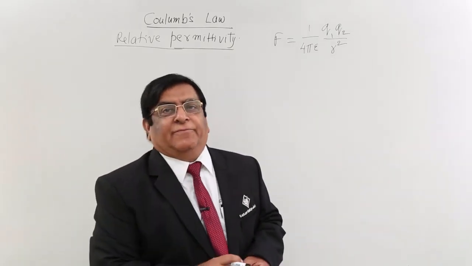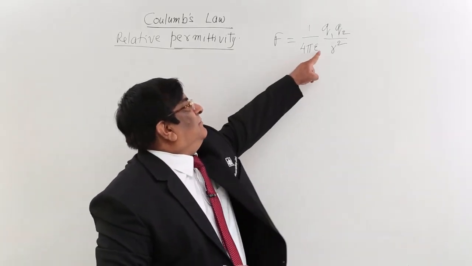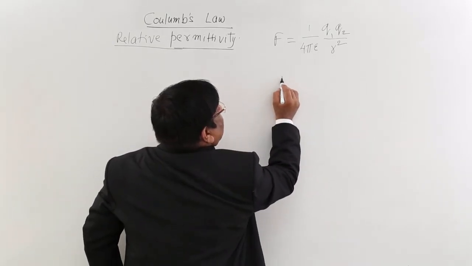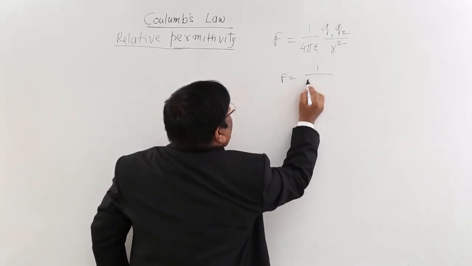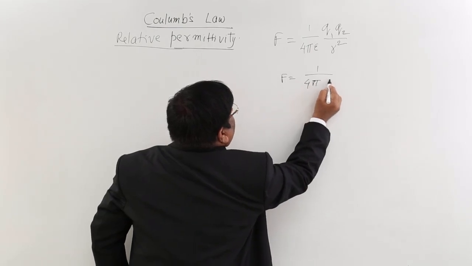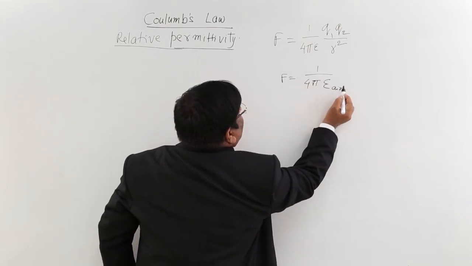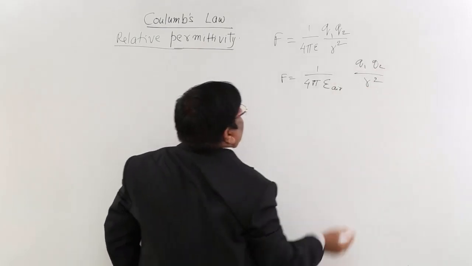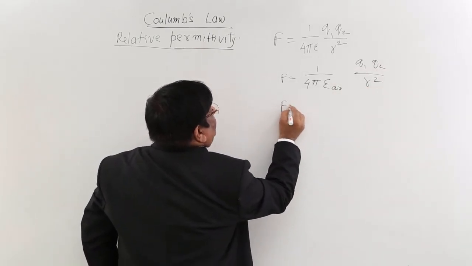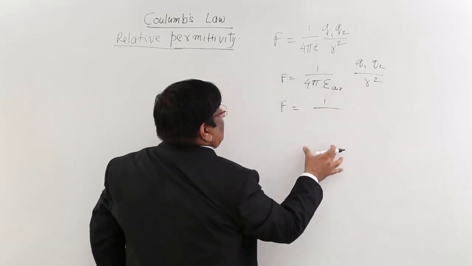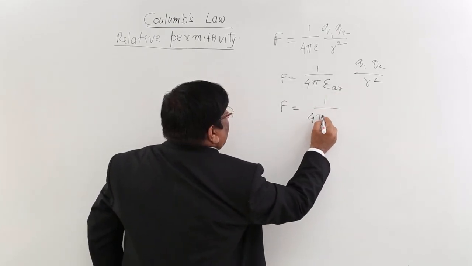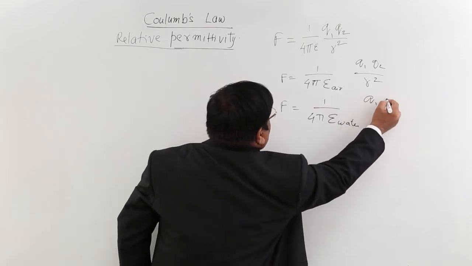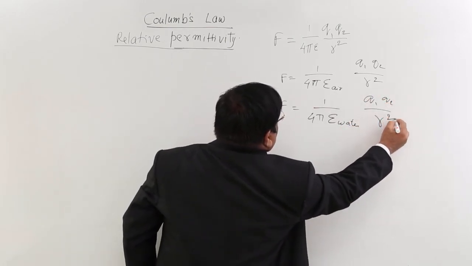Now, every time we have to write its value. Like if it is air, then F is equal to 1 upon 4 pi epsilon for air, Q1 Q2 upon R square. Then for water, if the charges are within water, we will write epsilon for water, and Q1 Q2 upon R square.